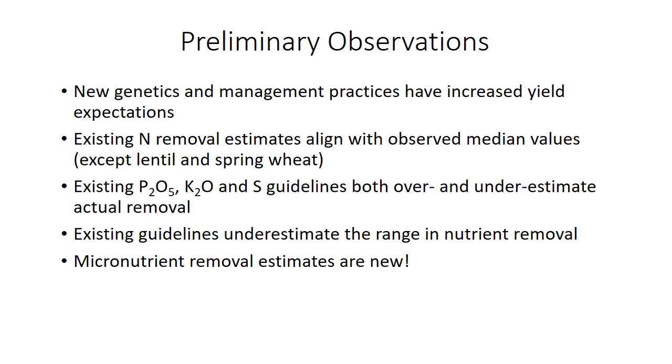Across the board, the existing guidelines really underestimate the range in nutrient removal. And finally, the micronutrient removal estimates are new. And so we're looking forward to developing a really good data set so we get a good understanding of micronutrient removal from all of the different crops.